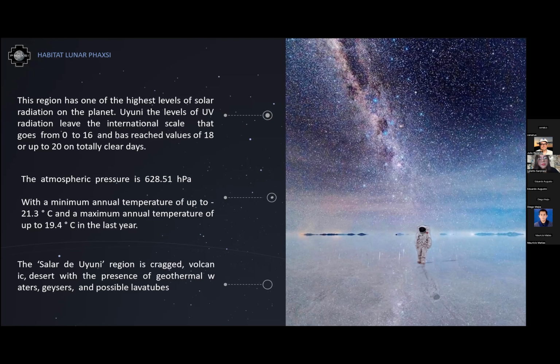It's important to mention that the levels of UV radiation usually leave the international scale, and other characteristics about the atmospheric pressure and temperature. The region is a craggy volcanic desert with the presence of geothermal features, geysers, and possible lava tubes.